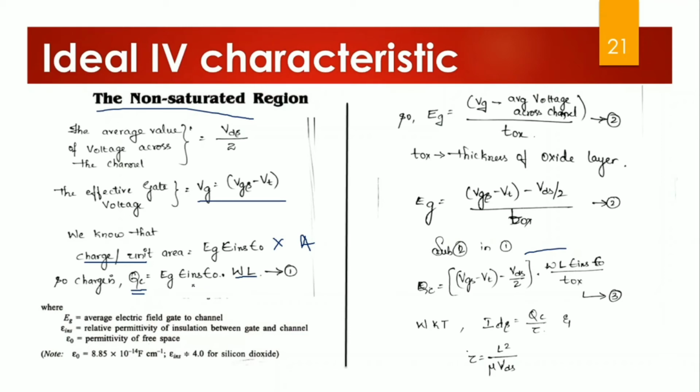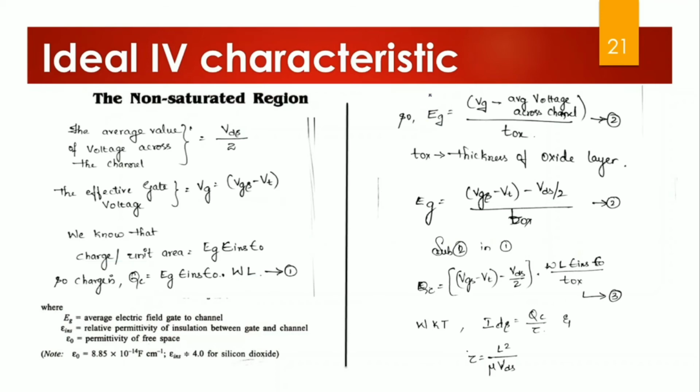So, Eg is the electric field, epsilon insulator is the permittivity of the region, and epsilon naught is the permittivity of free space, into WL, which is area. Now, coming to Eg, that is the electric field on the channel.